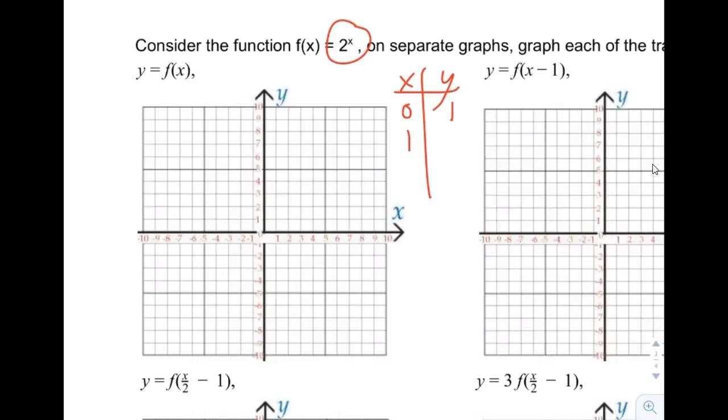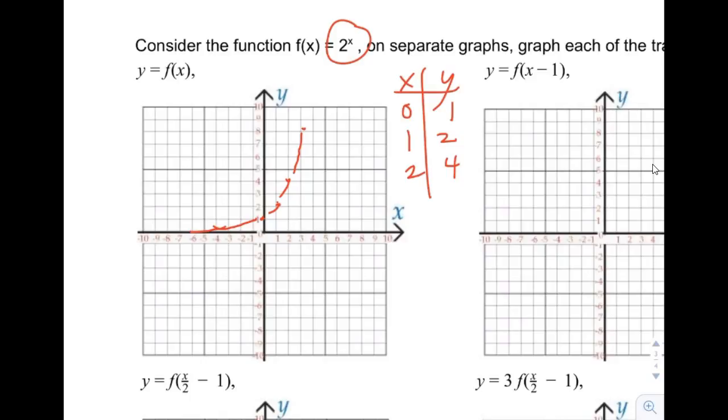If I put 1 in for x, then 2 to the 1 is 2. If I put 2 in for x, 2 squared is 4, okay? And this should be enough to get you started. Once you graph these 3 points, it's pretty obvious where the function is going, right? Here, it's going to the asymptote. If you want to put 3 in there, it goes 3, 8, all right? So that's pretty much what it looks like right there.